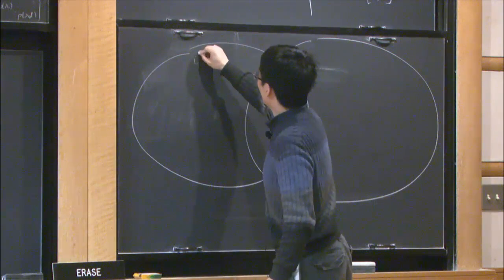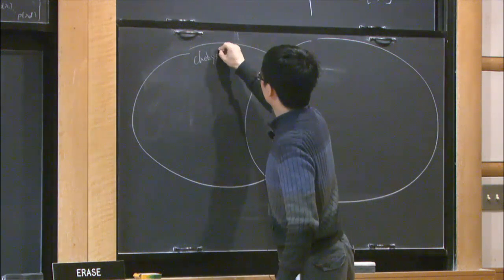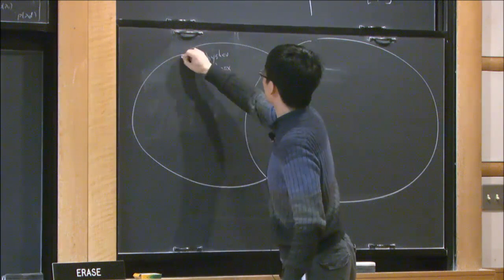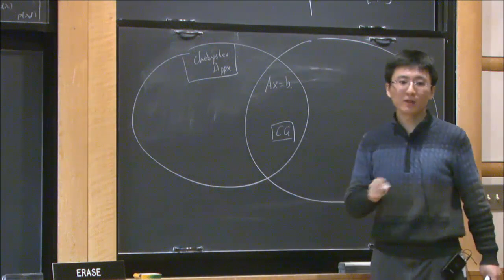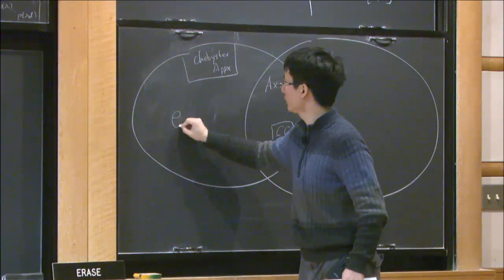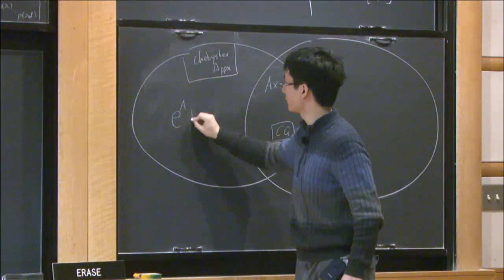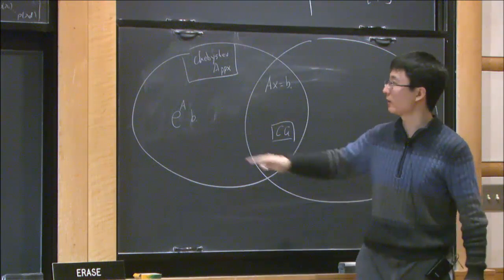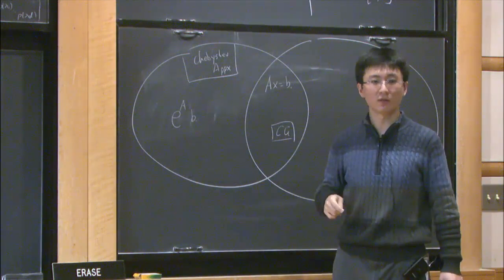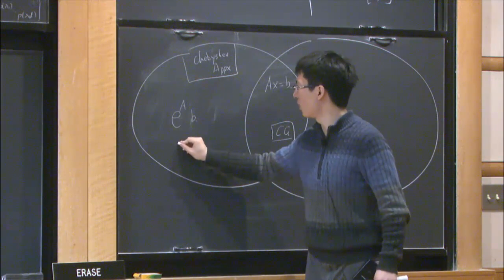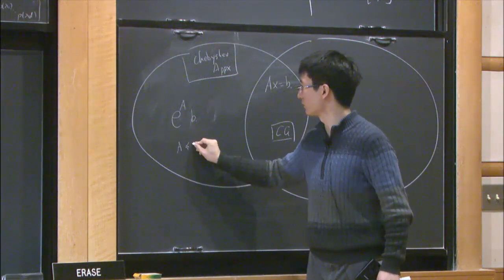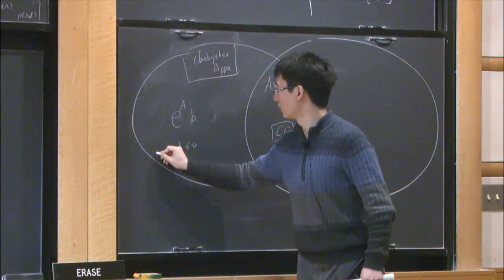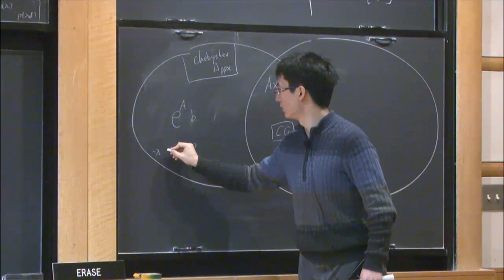But the whole idea of Chebyshev approximation actually sits in a bigger circle, meaning that suppose I want to compute e to the matrix A times a vector. This is no longer A inverse times a vector, but say e to the A times a vector. And suppose this matrix A has all eigenvalues less than or equal to 0, but larger than or equal to minus lambda.